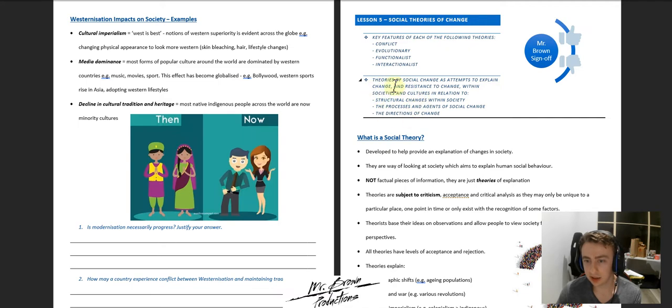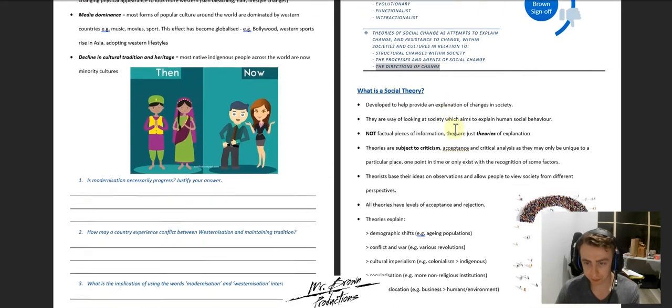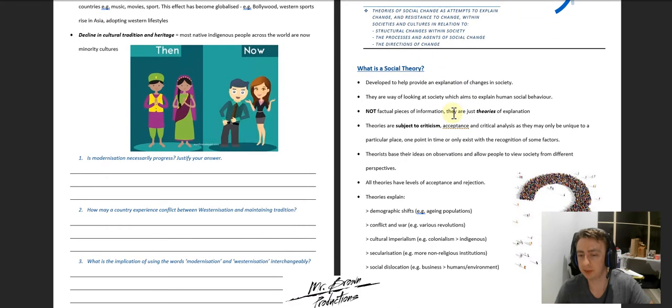And then here, each theory that we look at, we're going to break into three sections. So we're going to look at the structural change of the theory. We're going to look at the process and agents of that social change in relation to the theory, and then the directions of change. So I will come back to this in a second, but it's helpful if I explain what the theory is first.